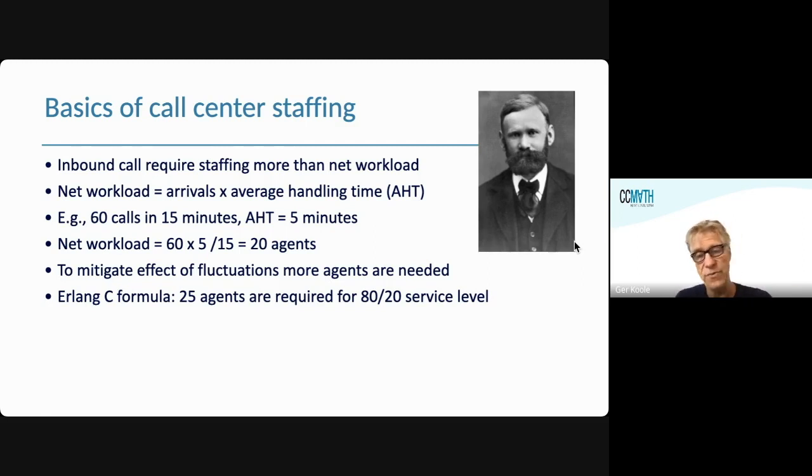And if you schedule 25 agents, then you have the overcapacity to work away this queue. So that is the basic idea of Erlang C, invented more than 100 years ago. At the time, of course, there were no call centers. It was about manually switching in the first telecom networks that existed. But this is what Erlang had in mind.